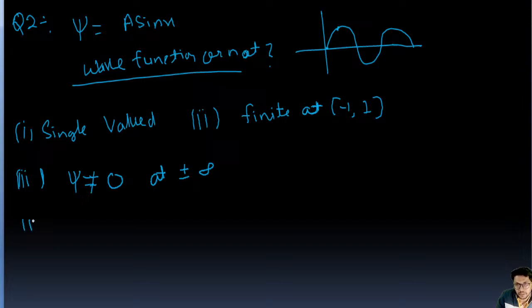Number third, we can see it is continuous, because sin x is continuous, as we can see from the graph. So psi is continuous, and this property is also satisfied.